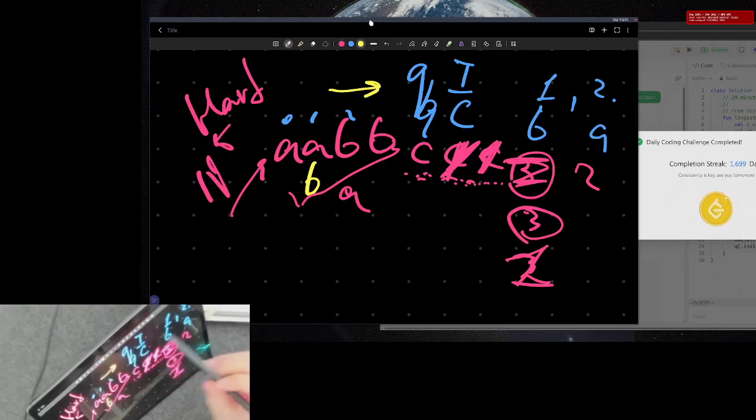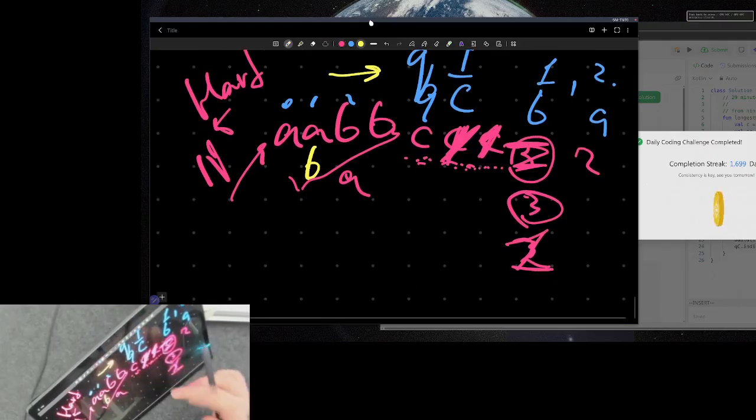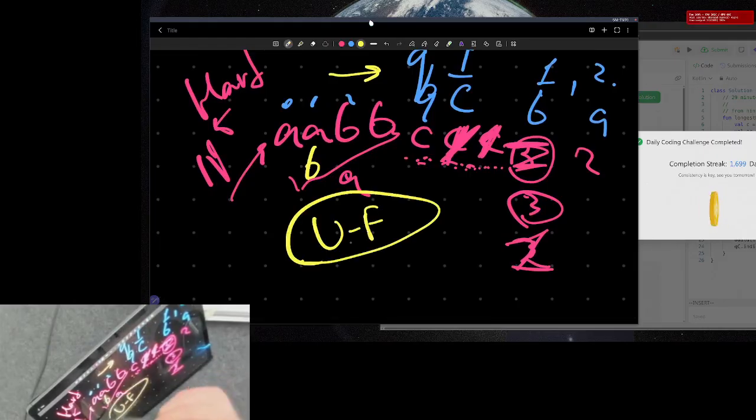I personally didn't solve it because I don't know segment trees. I tried to solve it with union find, and this does not work because we have to disconnect.